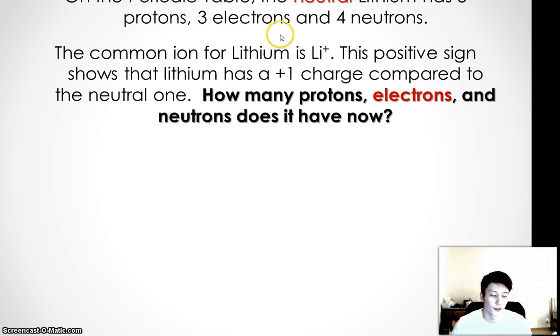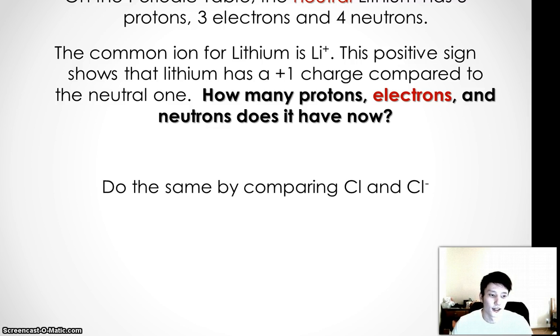Actually, you can't even see this, but 3 plus. And if I only have 2 electrons, that's 2 minus. So we have one more positive charge compared to the 2 electrons. Hence, we have a lithium 1 plus. Okay. The neutron number is the same, right? Ions, we're not talking about isotopes, we're talking about ions. So that's 4.